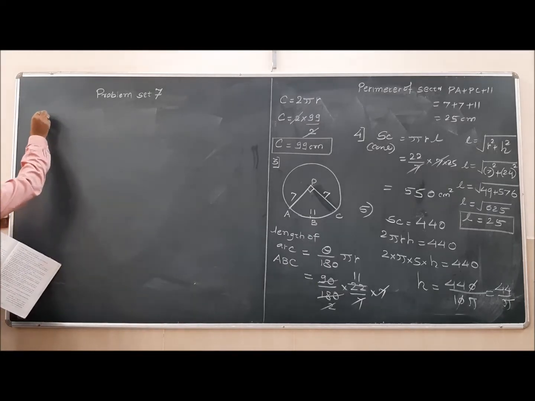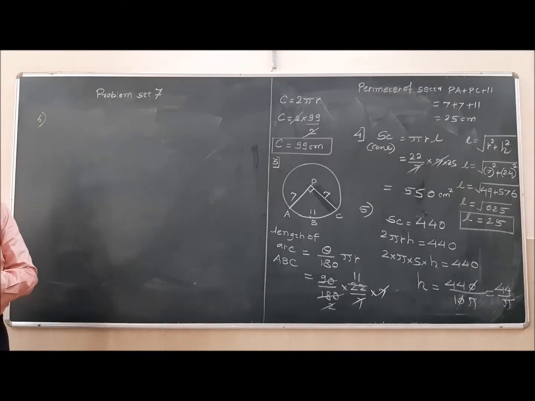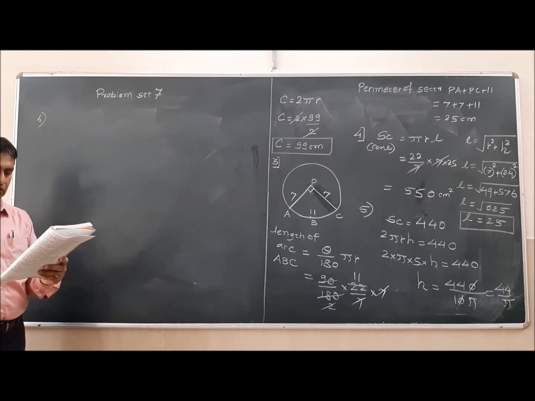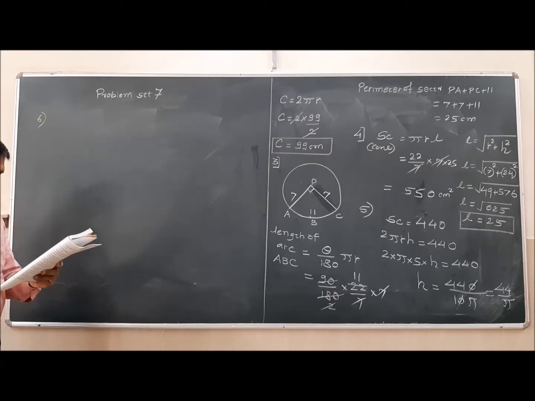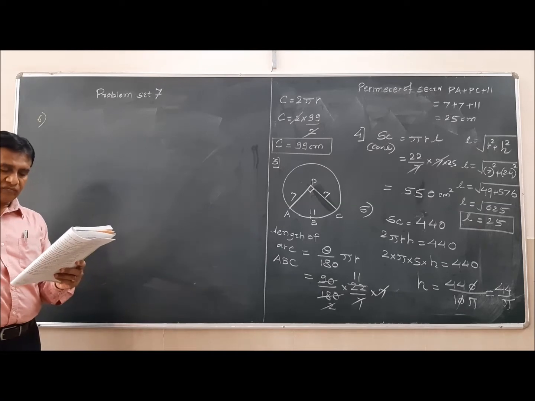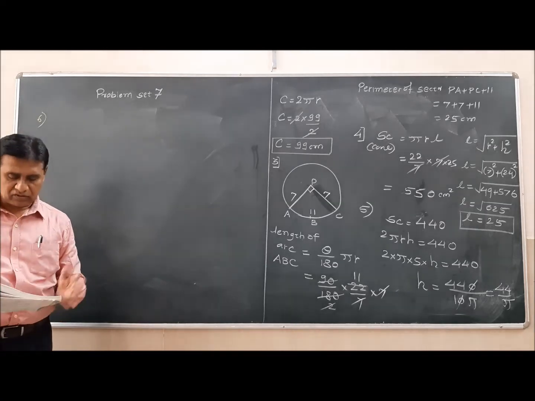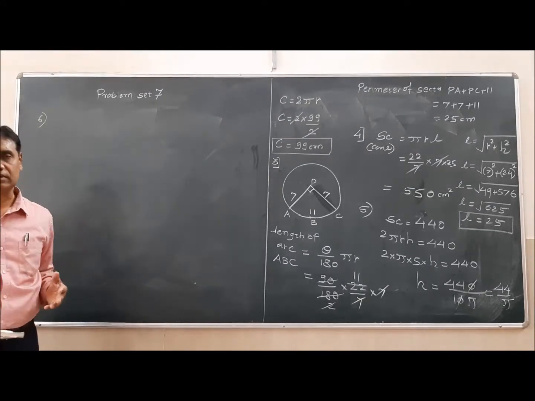In question number 6, you will find that a cone was melted and cast into a cylinder of the same radius as that of the base of the cone. Then, if the height of the cylinder is 5 centimeter, find the height of the cone. In this case, the cone was melted and cast into the cylinder.